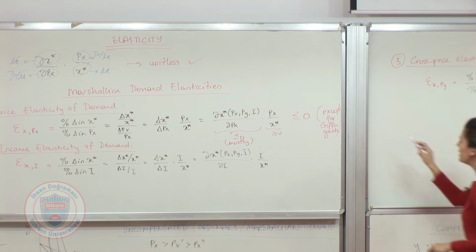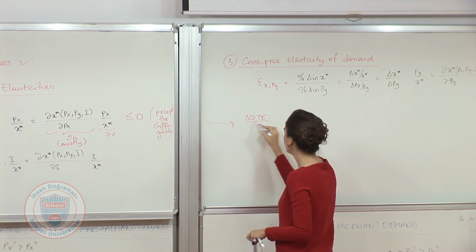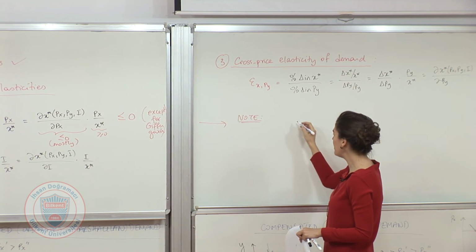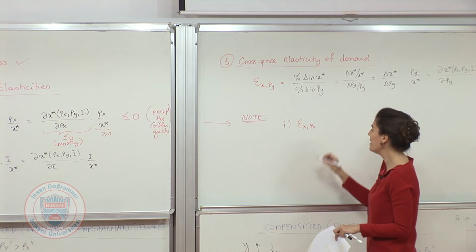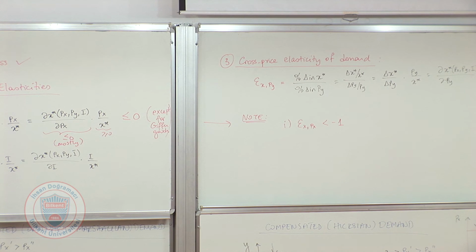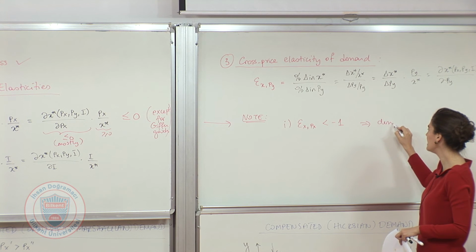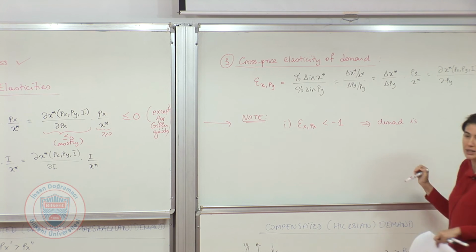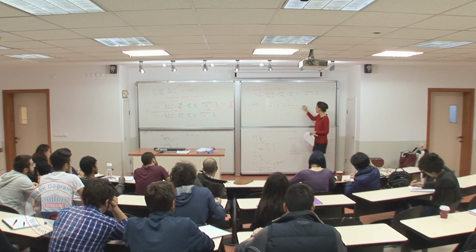So let's actually consider this. Note: if this price elasticity of demand is less than -1, meaning that it is a number like -2, -3, -4, then in this case we said that demand is elastic, right?